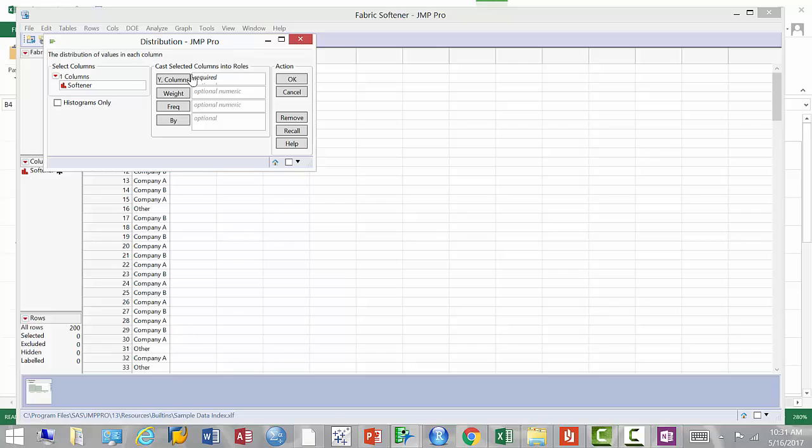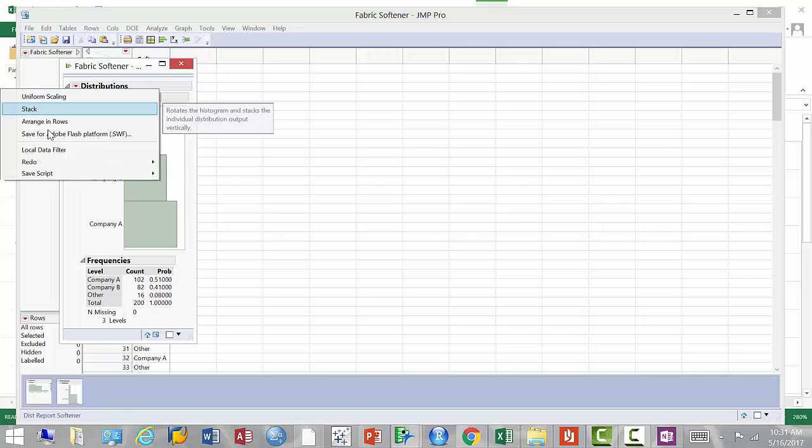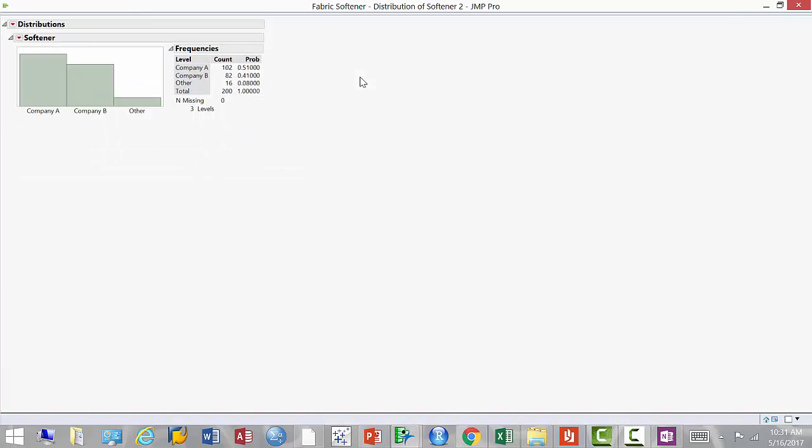I'll look at the distribution of softener, and there it is. I did that before. So here's the nominal, this is nominal data, agree? Categorical nominal data. All right, and all I have to do really is to go into the red triangle menu. As you guessed, everything is in the red triangle menu, right? And over here, test probabilities.